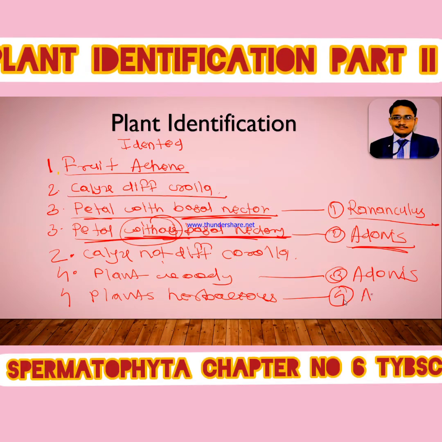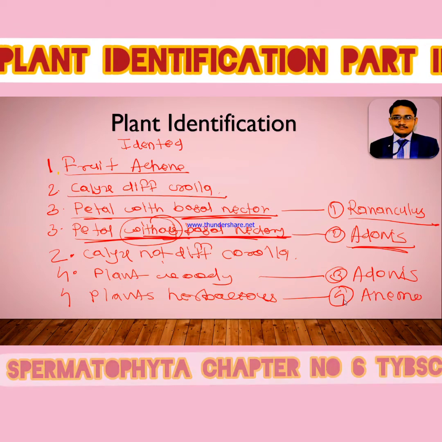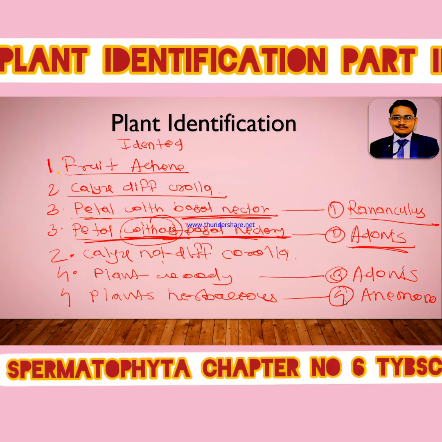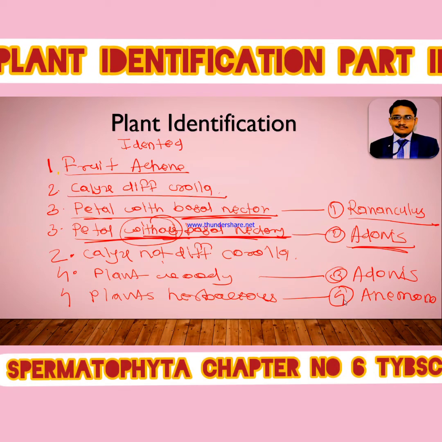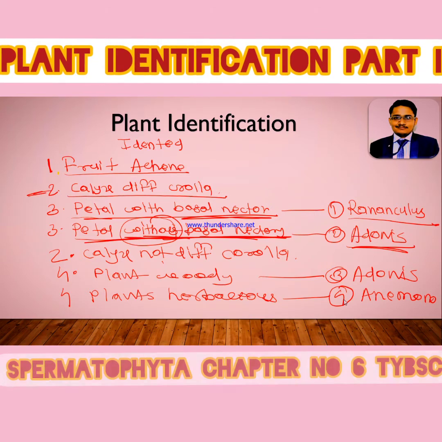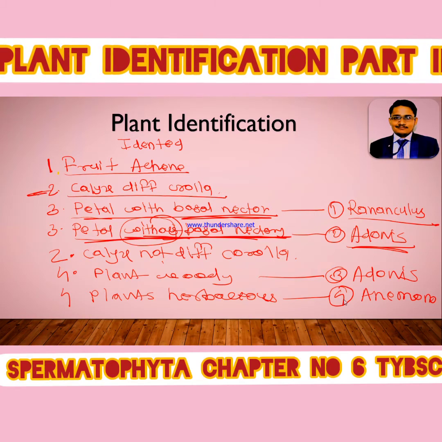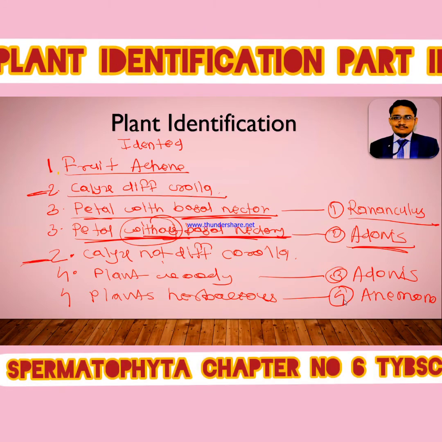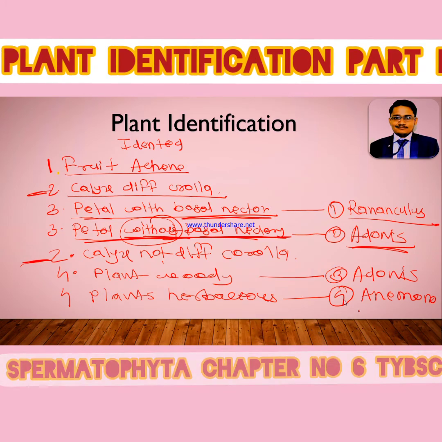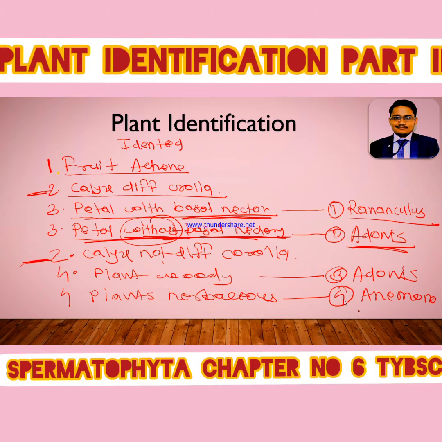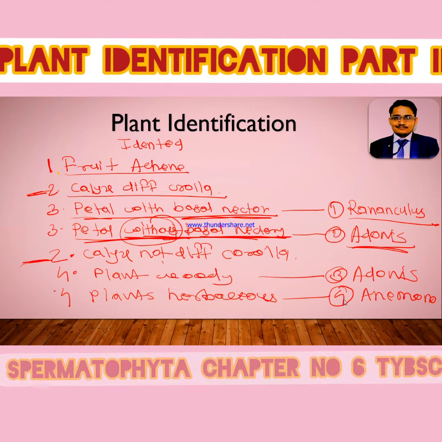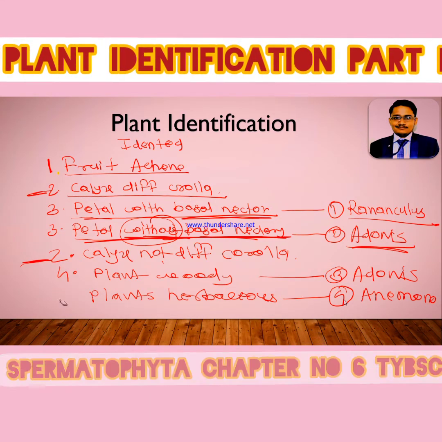And the other species is Anemone. If the calyx is not differentiated from the corolla, only then, if the second character is not present in our species, do we go to these characters. In this way we can identify the given species. Okay, that is the character number 4. One character remains. I will explain in the next slide.